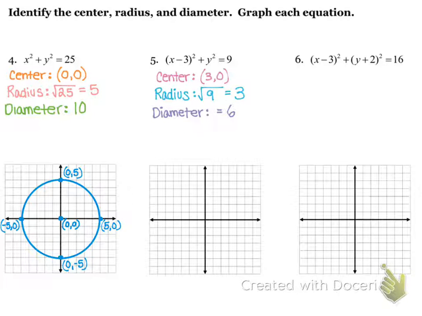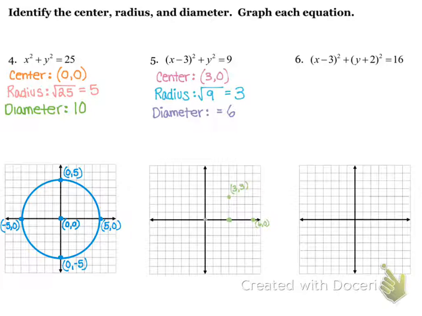All right, so I'm going to first start with my center, which is at (3, 0). And then from that point out, I'm going to go 3 to the left, right, up, and down. So I have a point at (6, 0). I have a point at (3, 3).